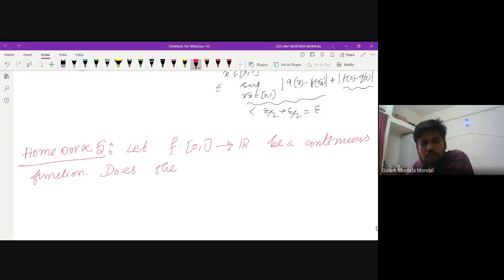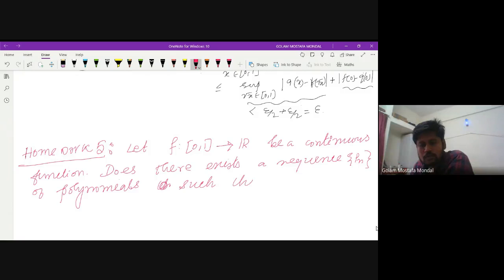Then does there exist a sequence of polynomials such that Pn equal to f on 0, 1? Okay.